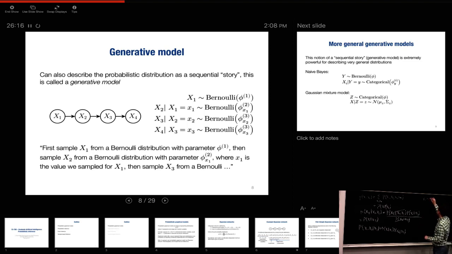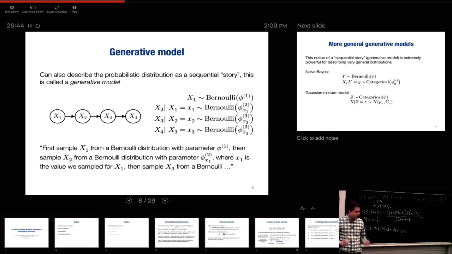We say that x1 is sampled according to a Bernoulli with probability phi1. Now, given phi1, x1 is an actual value. So x1 has taken on a value, little x1, equal to this.